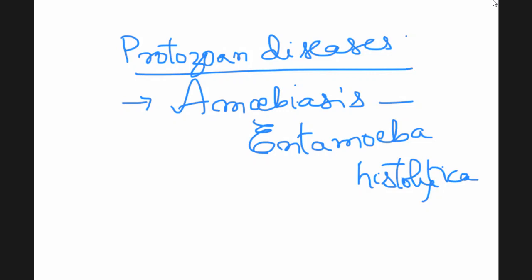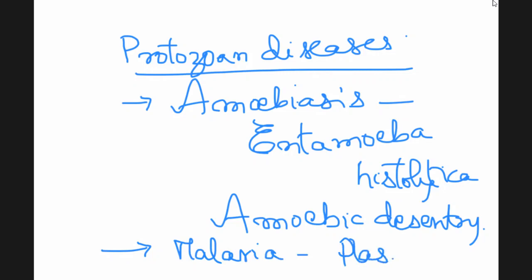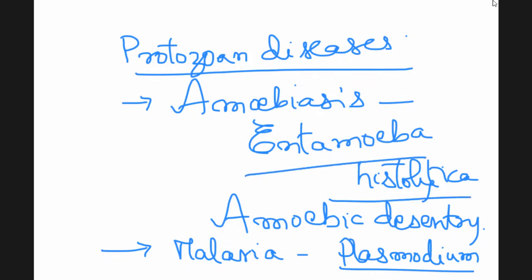Sometimes you use the word amoebic dysentery. Dysentery refers to loose motions with abdominal pain. Diarrhea is just loose motions; there may not be pain. Then another one which you already learned at school level, malaria, caused by Plasmodium. Okay. These 2 are described.